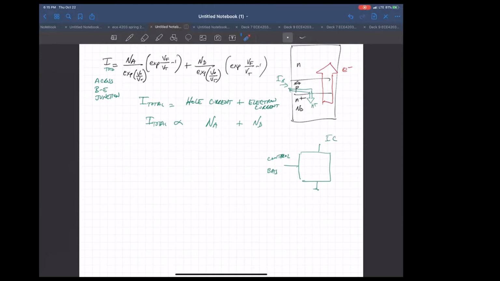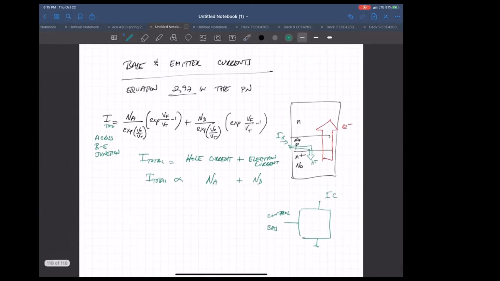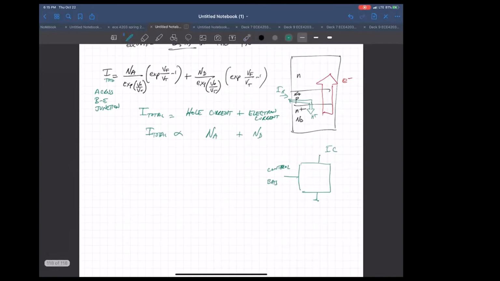Okay, so this ratio ends up normally being so high that in a typical case you get maybe something like 200 electrons for each hole. So it's a really lopsided current. You get a lot of electrons for very few holes.